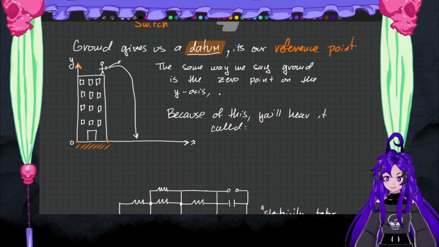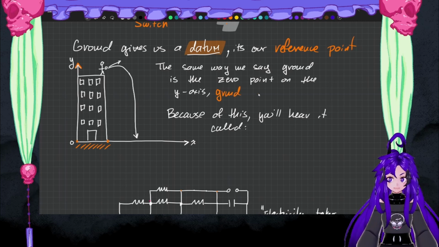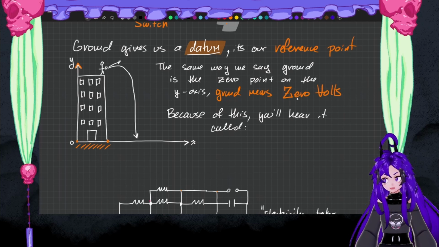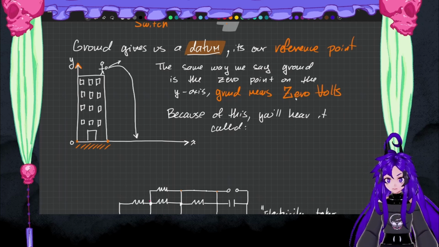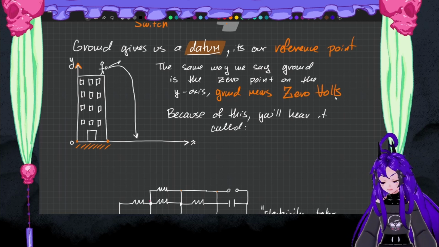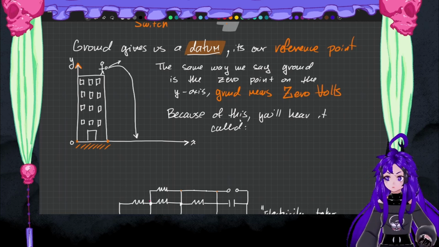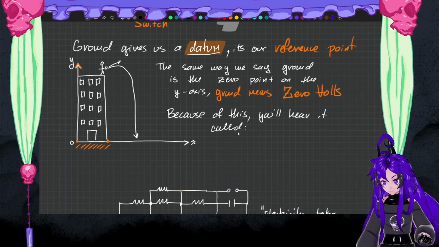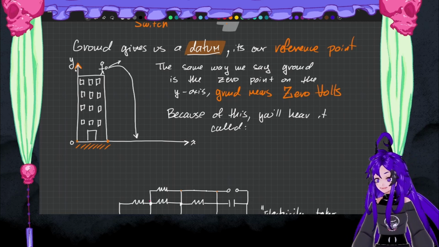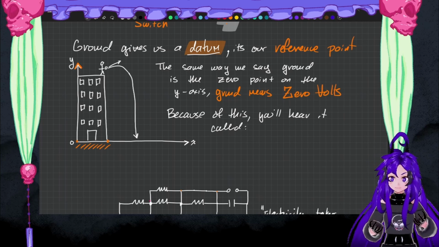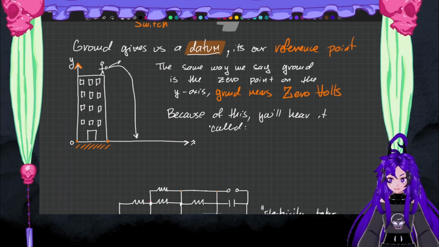So for us, ground means 0 volts. We'll get into the important values of a circuit in the next lecture, and we'll discuss what voltage means later. For now, it's 0. It's 0 of the stuff that makes it go, or the stuff that we care about that gives us some reference to what is happening. It is our reference point. It is our datum.